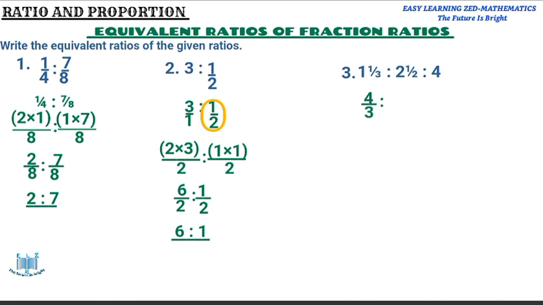Then the second mixed fraction: 2 by 2 gives us 4, plus 1 gives us 5. Then we write it over the denominator in that mixed fraction, which is 2, so 5 over 2.